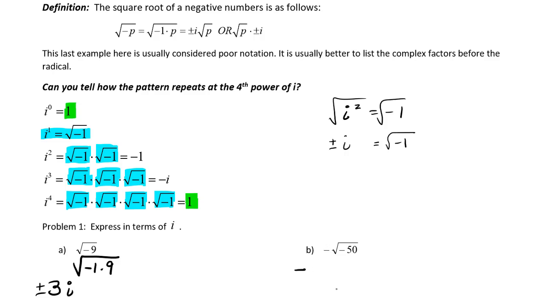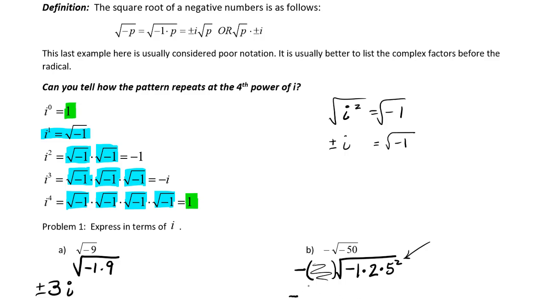Similarly, we have a negative on the outside. We have the square root of negative 1 times 2 times 5 squared. Notice that the 5 squared can come out evenly. The 2 is prime and must stay in, and the negative 1 can come out as a plus or minus i. So we have negative on the outside, and then we need to place stuff on the outside of the radical.